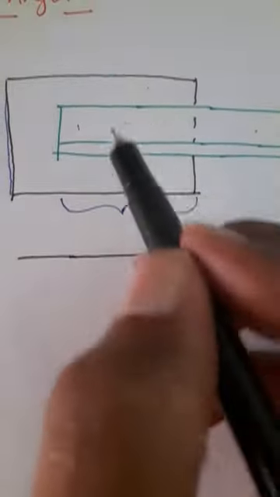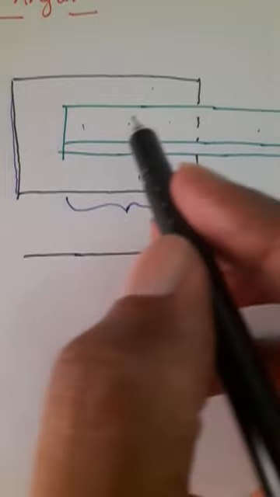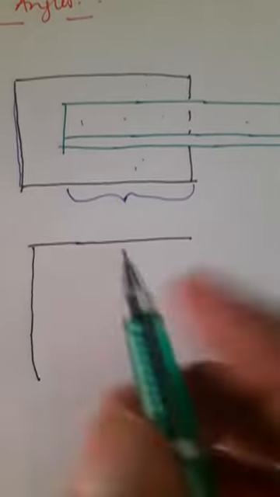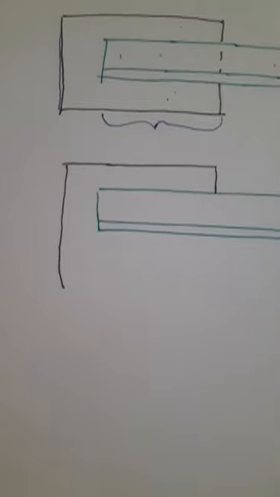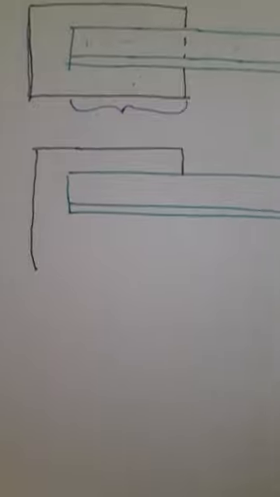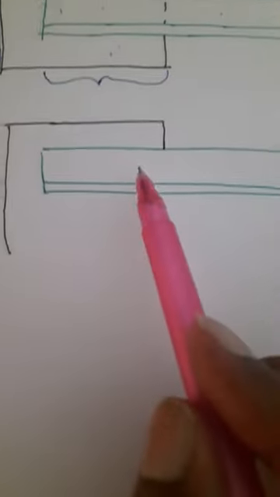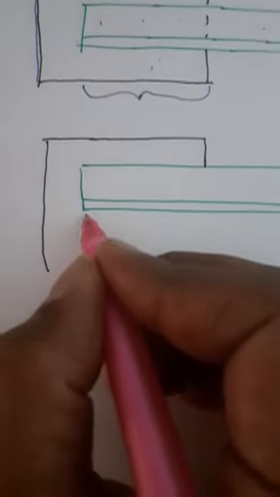Suppose this requires 10 number of bolts. We cannot provide 10 number of bolts within this small distance. So what is done is, in order to support this main angle, an additional angle is provided.